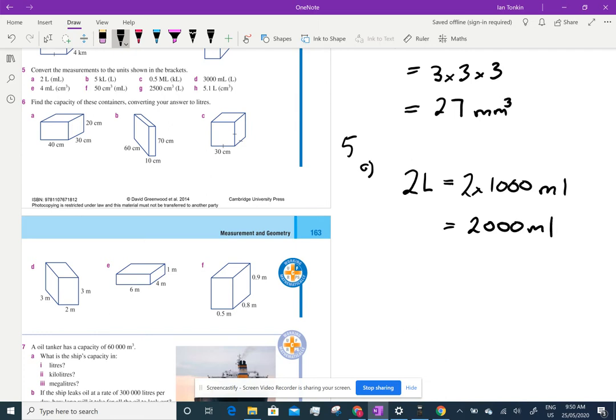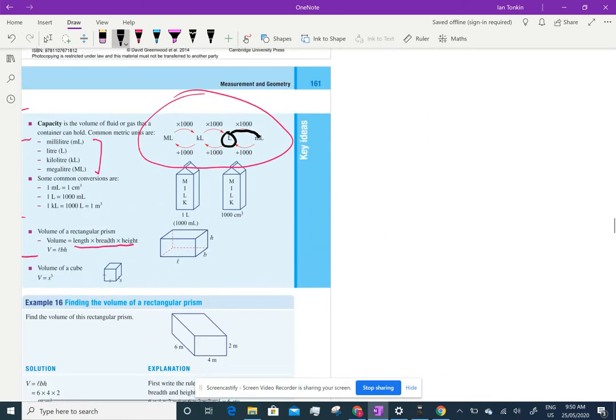Now, let's do a harder one where we have to go, I don't know, C. And I've got 0.5 megalitres, and I've got to convert that to kilolitres. So again, and you should have written this somewhere, I'm going to go up here, and I've got megalitres, and I'm going to kilolitres.